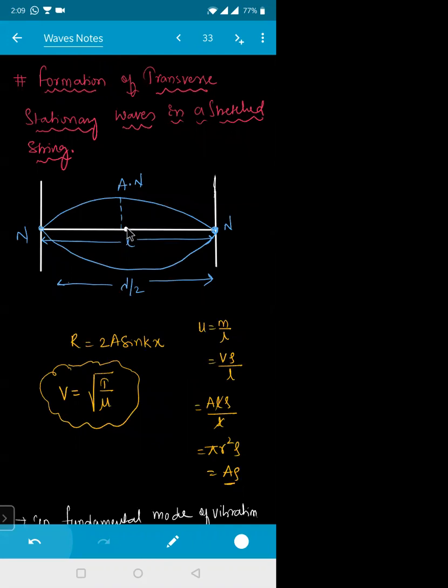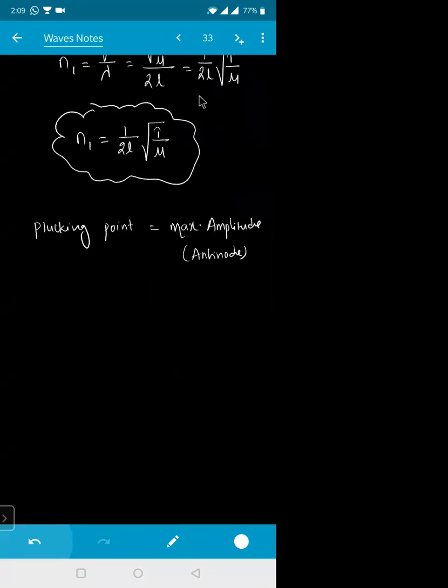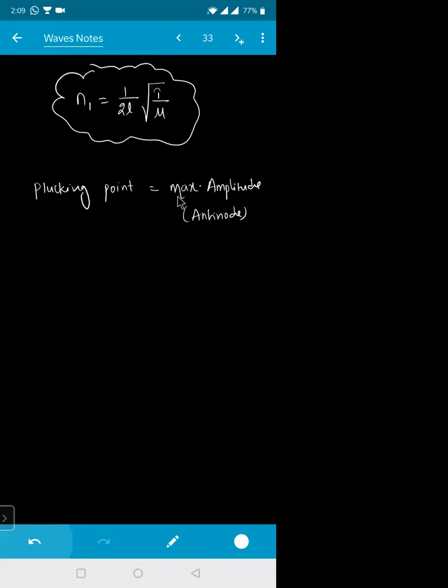I am holding at the center and pulling upward. The point of plucking will always give me what? Antinode. You remember that plucking point is equal to maximum displacement. That is nothing but the antinode. Is that clear for everyone? Yes, sir. So this frequency is also called the harmonic frequency.